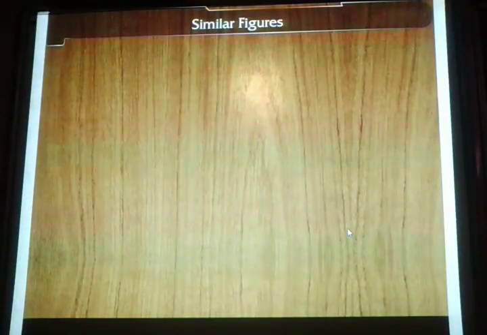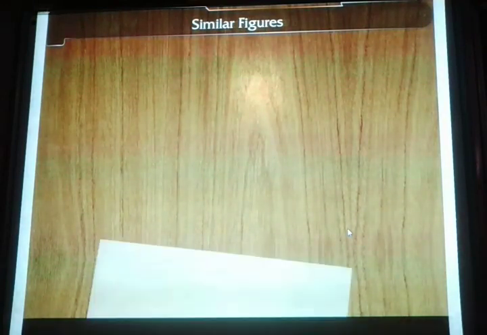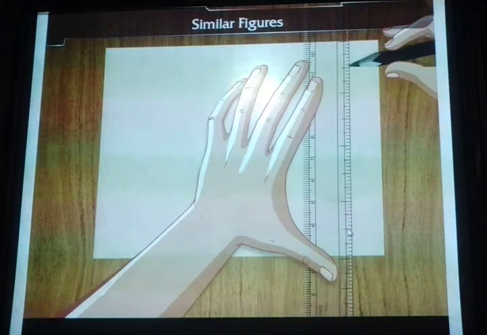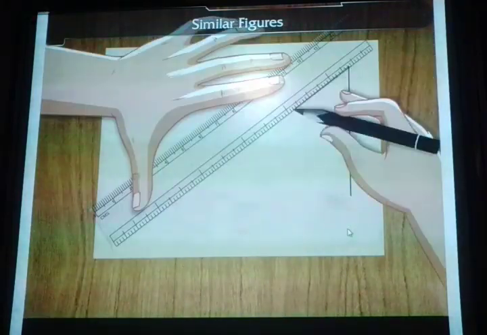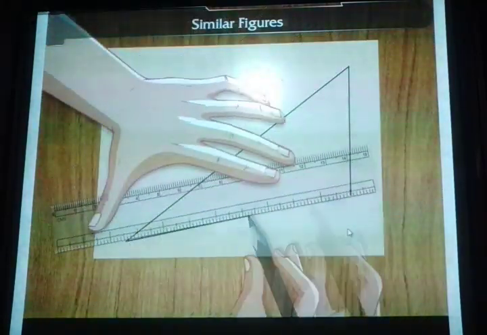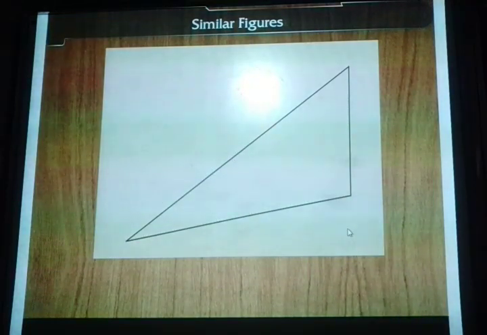In order to understand the concept of similarity, let's do one activity. Cut out a triangular figure from a piece of cardboard.